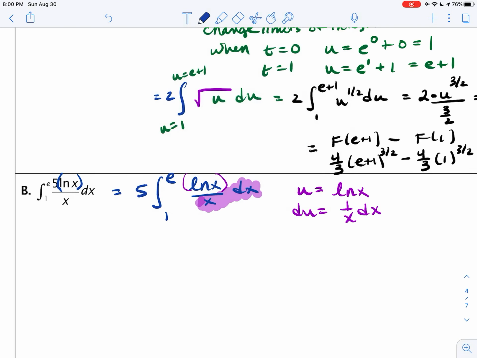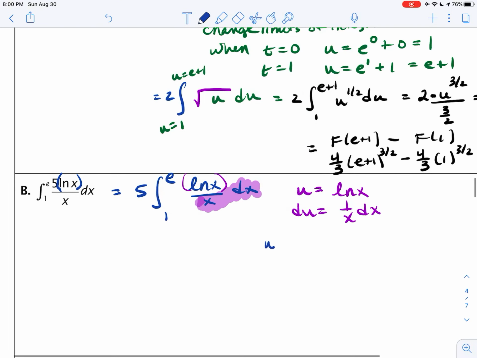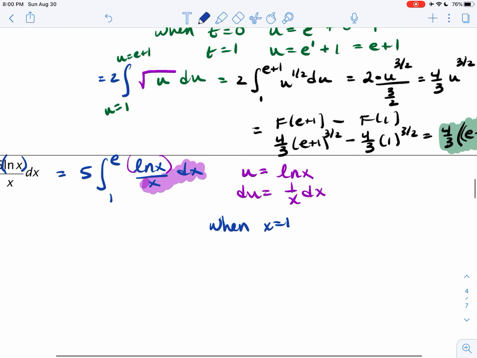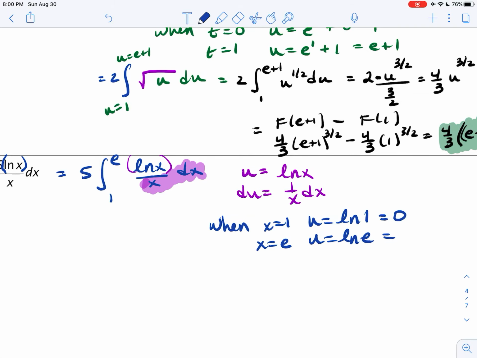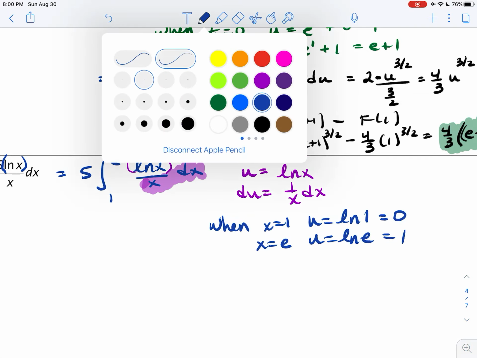I'm going to change my limits of integration. When x is equal to 1, u is equal to the ln of 1, and that's equal to 0. When x is equal to e, u is equal to the ln of e, and that is equal to 1. And don't forget that we're using these values, x is equal to 1 and x is equal to e, because we're integrating with respect to x.